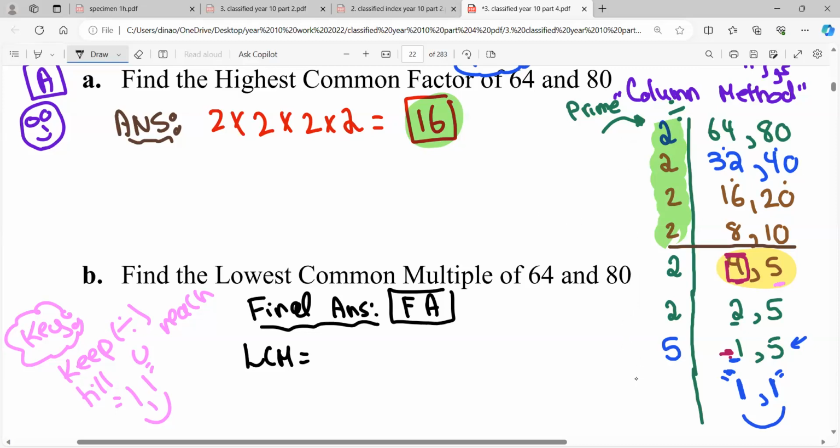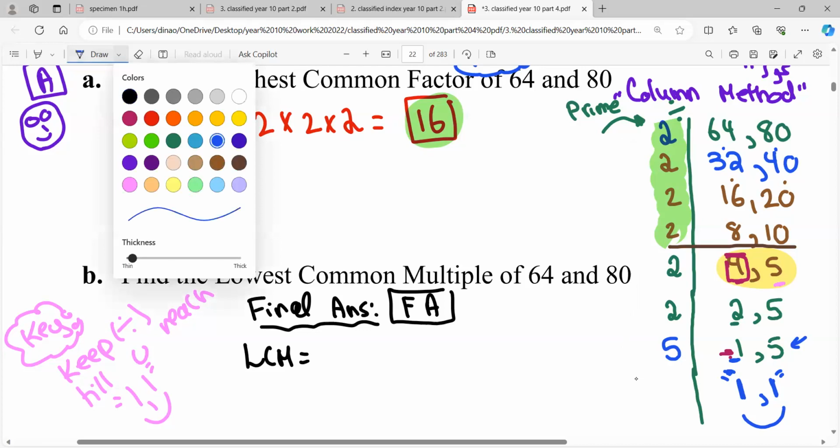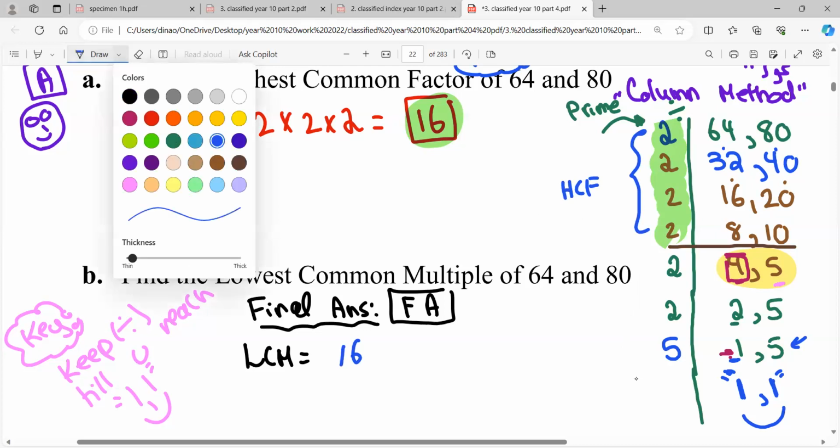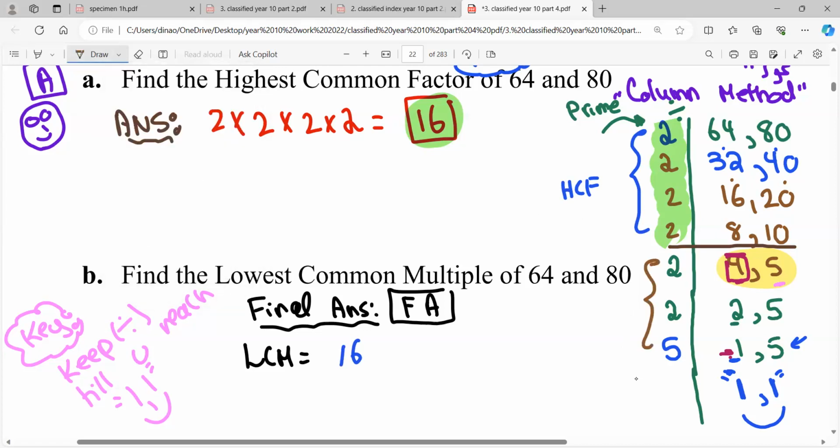طبعا علشان احنا peer 10 والمفروض ان احنا دماغنا بقى كبيرة. The highlighted green, this is the HCF, which was calculated initially in question A as 16. And then these over here are the remaining numbers اللي أنا بسميهم الباقي بتوعي. So basically, if I want to find the LCM, I multiply the HCF by الباقي دول.